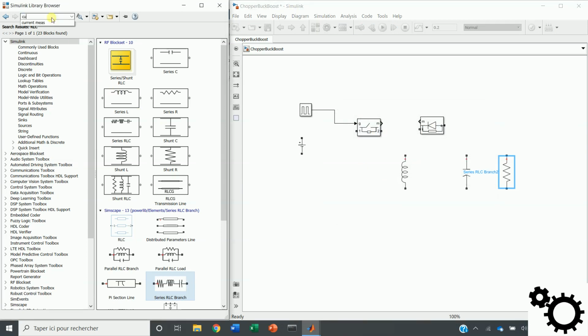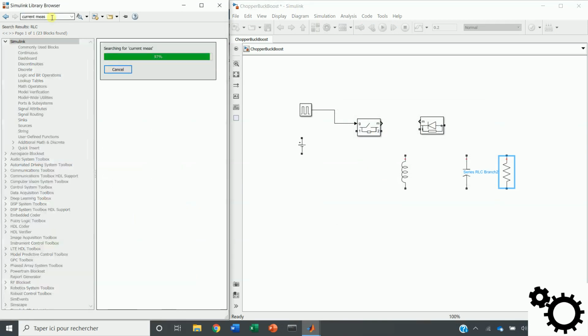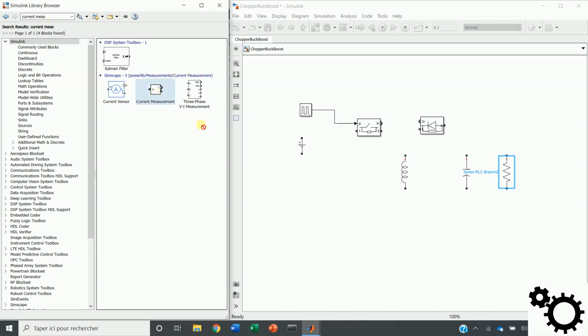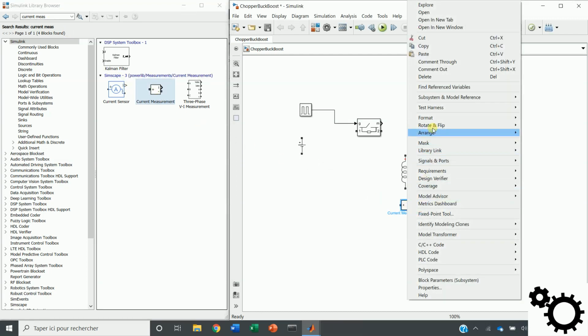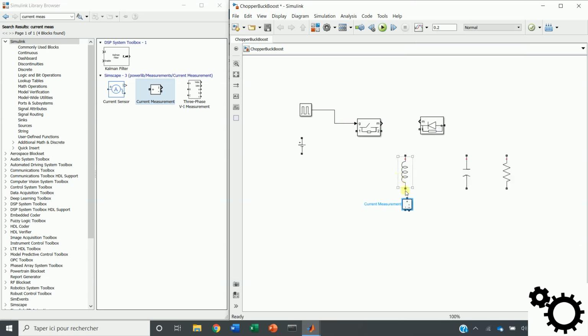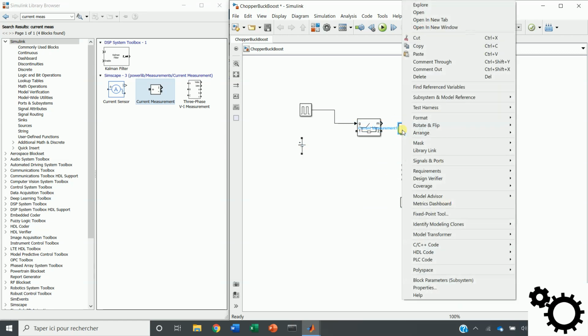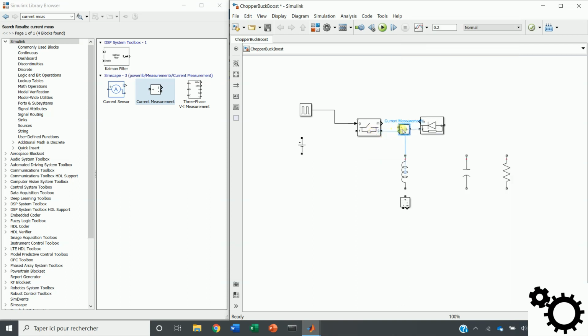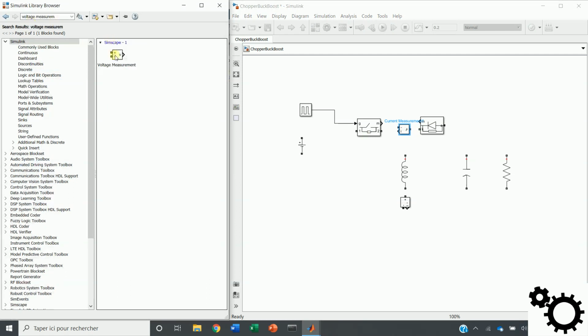We also need two current measurements, one for the inductor and one for the diode. And for the output voltage, we need a voltage measurement.